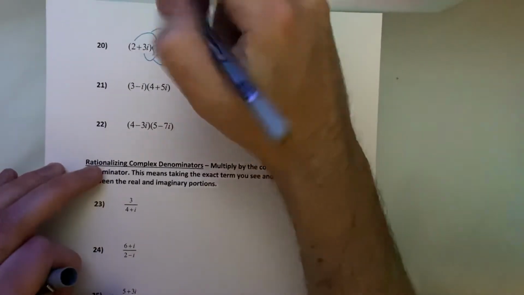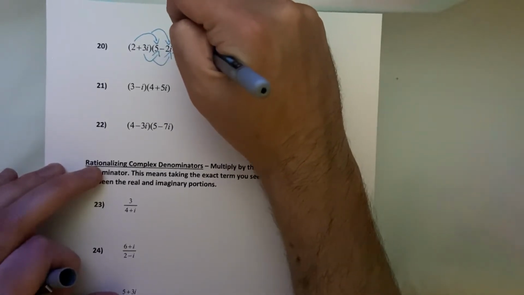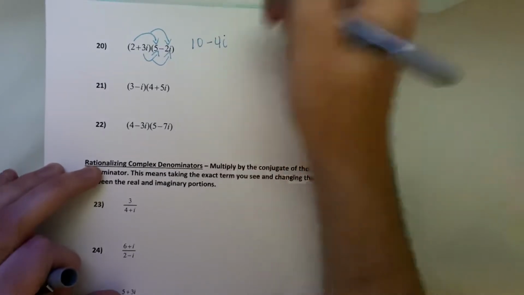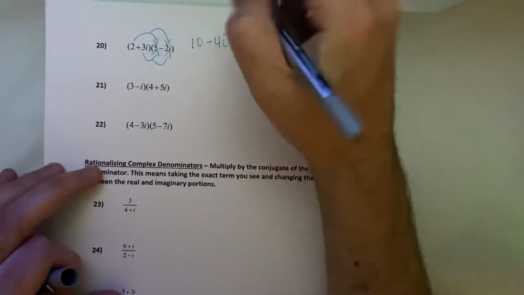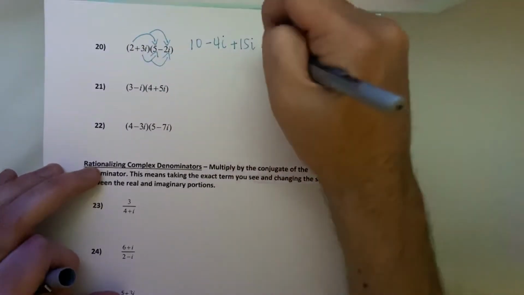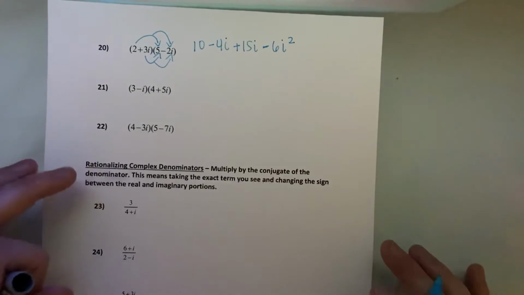So 2 times 5 is 10. 2 times negative 2i is negative 4i. 3i times 5 is plus 15i. 3i times negative 2i is negative 6i squared.